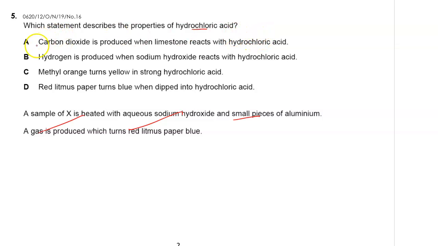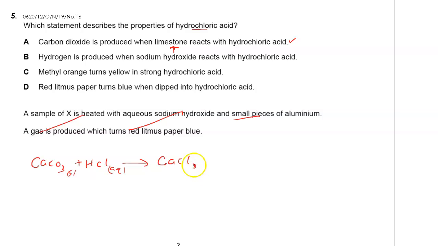So let's look at the choices. Carbon dioxide is produced when limestone reacts with hydrochloric acid. I think that is correct, because limestone is calcium carbonate. When you react calcium carbonate, a solid, with hydrochloric acid, HCl, in aqueous form, you get a salt, calcium chloride.